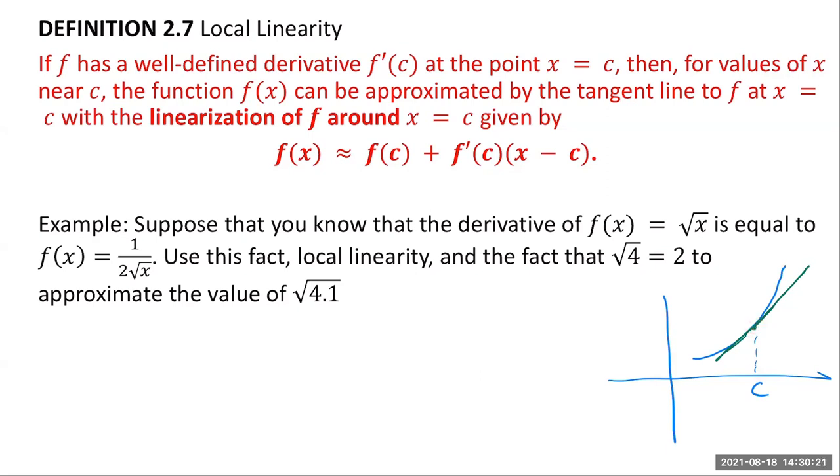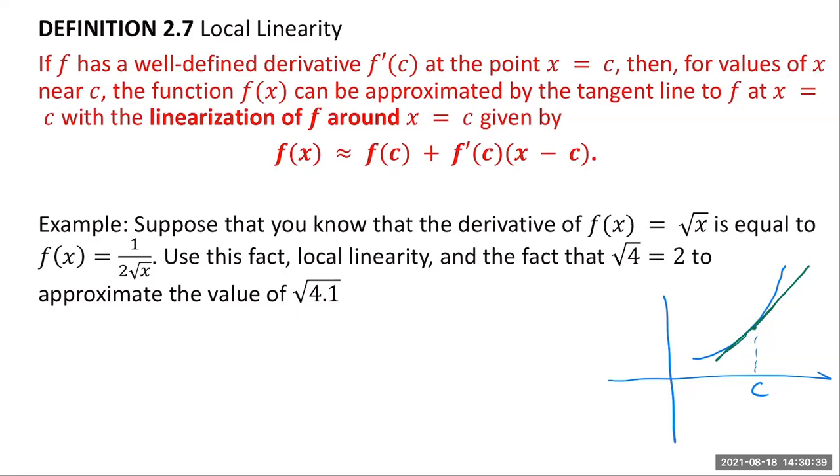Your function value is the same as your tangent value. For all x values near c, your function and the tangent line overlap. That's what this definition says.